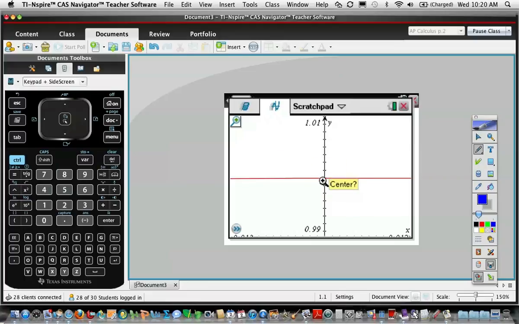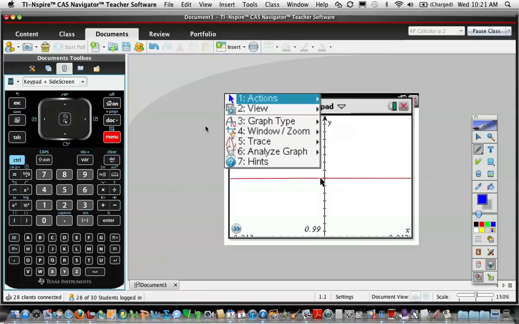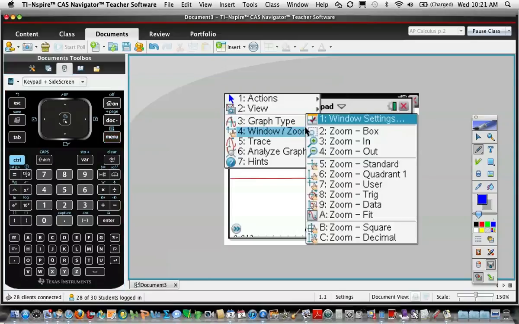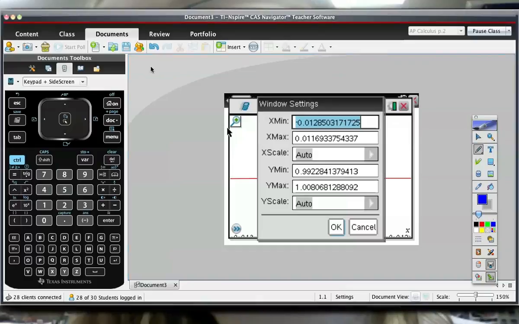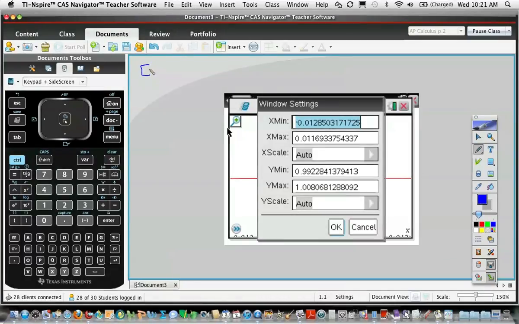Okay, so now they just said find a window. So at this point, you would just go to your menu, you'd go to your window settings, and you would just write those down. You would just come over here and use maybe brackets. Different people would have different answers, but say, for my x, I'd have negative 0.01285 to 0.01169.